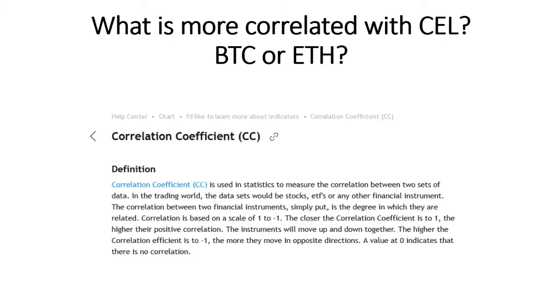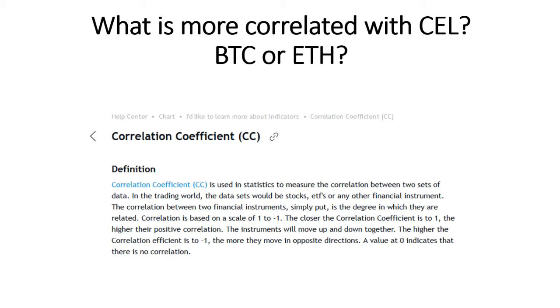Before we go into the empirical evidence, let's define the metric we're looking at. We'll be looking at the correlation coefficient, a metric calculated between a pair of cryptocurrencies, so CEL against Bitcoin or CEL against Ethereum.